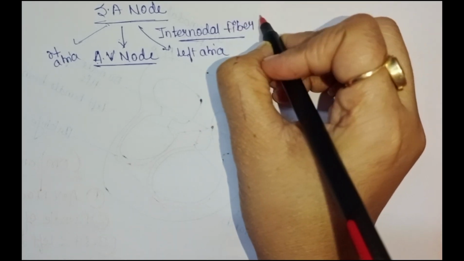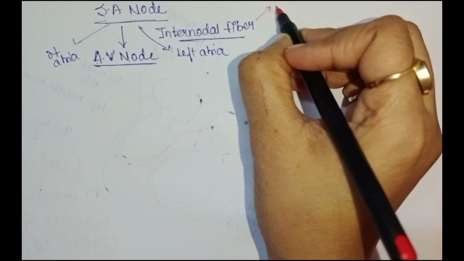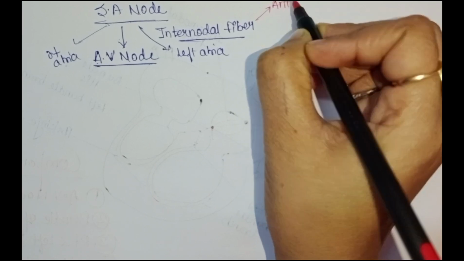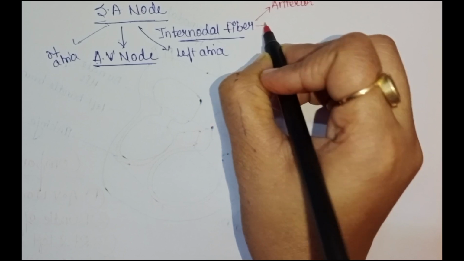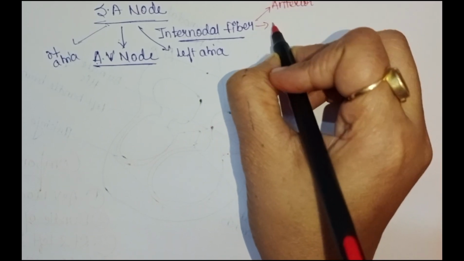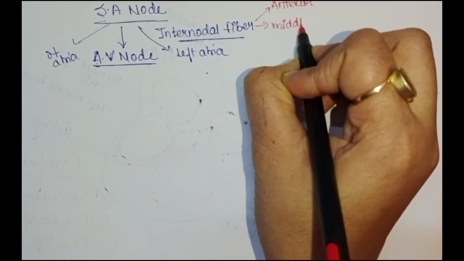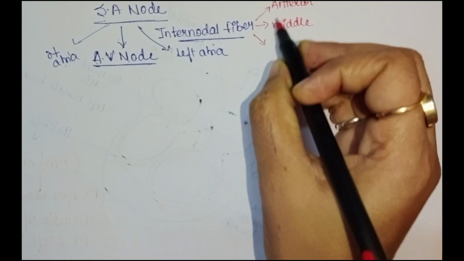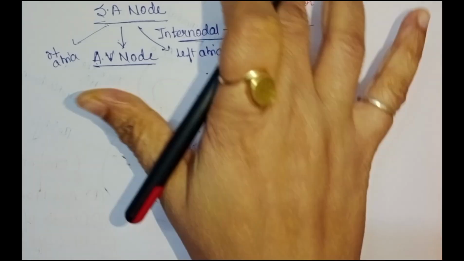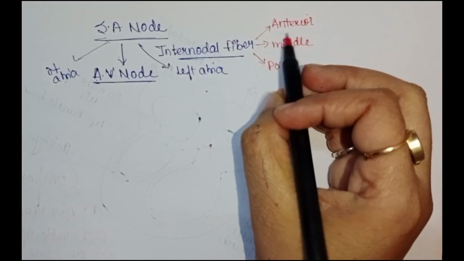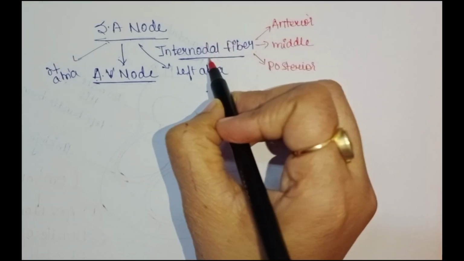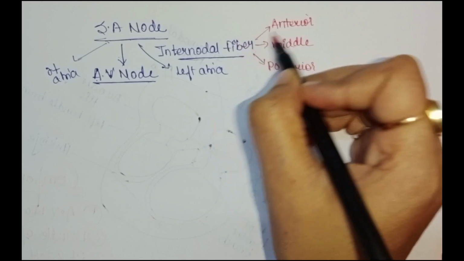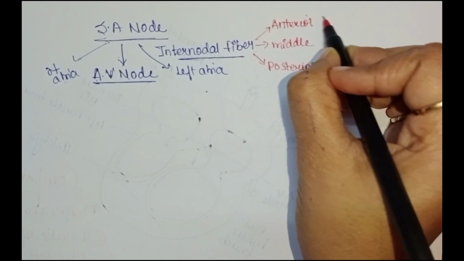There are 3 types of internodal fiber. First is the anterior internodal fiber, second is the middle internodal fiber, and third is the posterior internodal fiber.